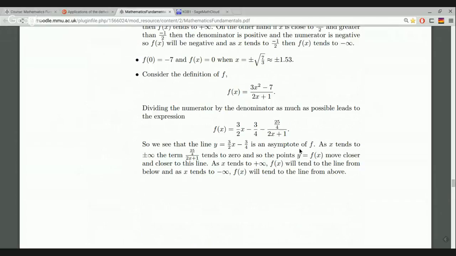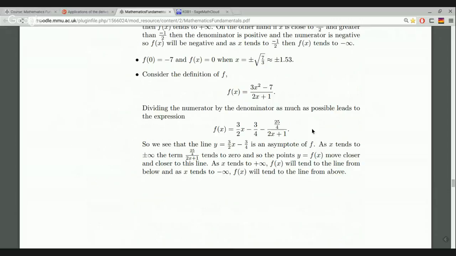Okay, so that's achieved there in that next line. So what's required to obtain this second expression here? Well, what we need to do for that is to take f of x, which is 3x squared minus 7 over 2x plus 1.